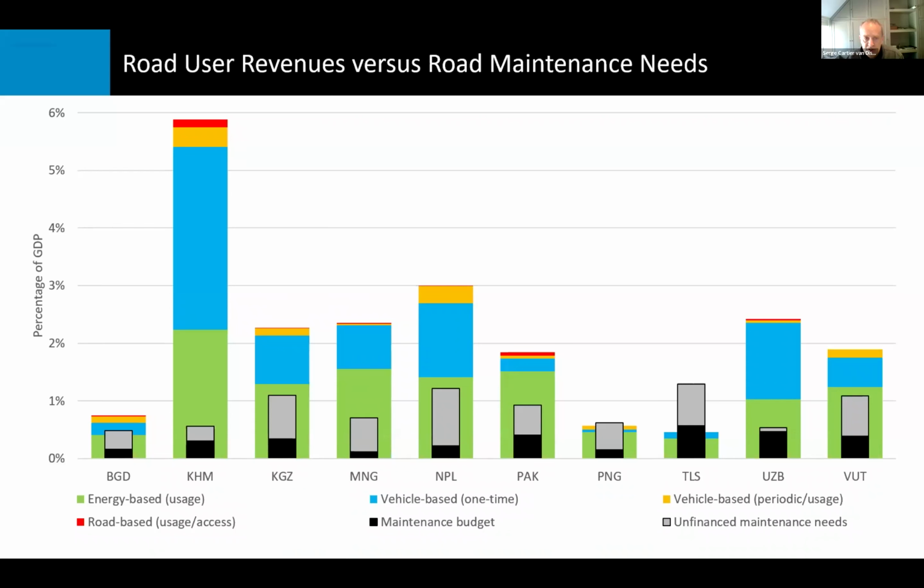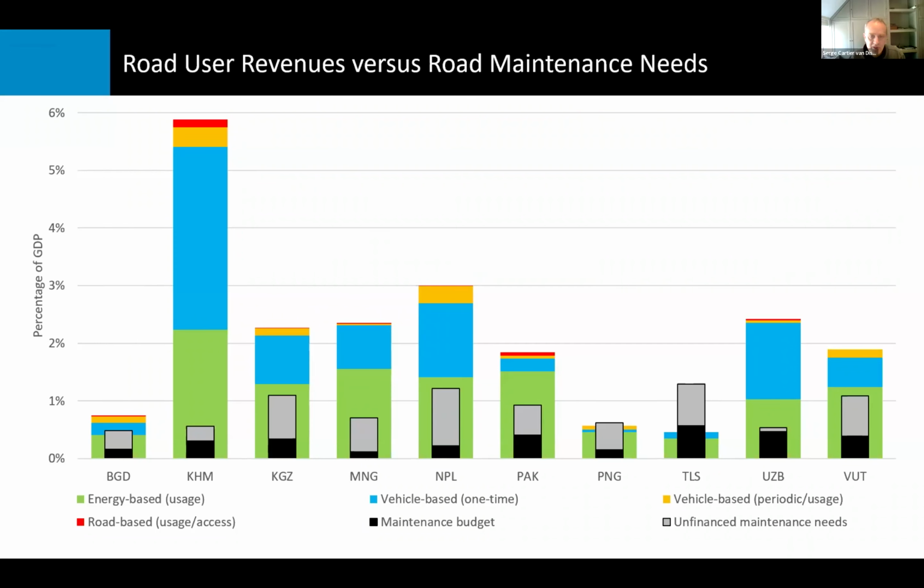But what we also see is that the energy-based revenues are dominant in many countries, followed closely by the vehicle-based revenues. These are vehicle-based revenues for the first time a vehicle enters the road network, so import duties, sales taxes, that kind of revenue.